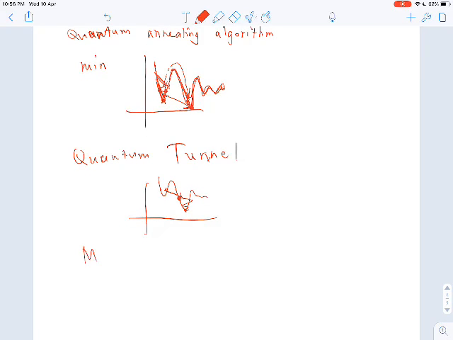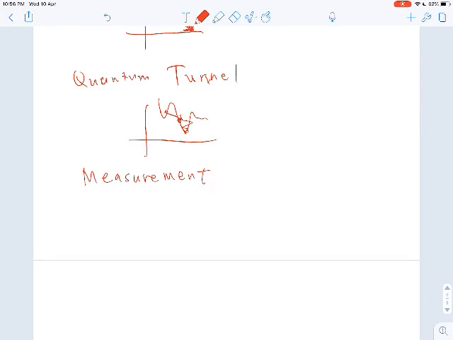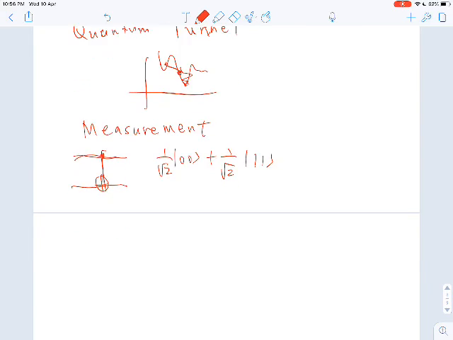And I want to talk about the principle of measurement, how we measure the qubit. Like I have said, this CNOT gate can be used to produce an entanglement state.